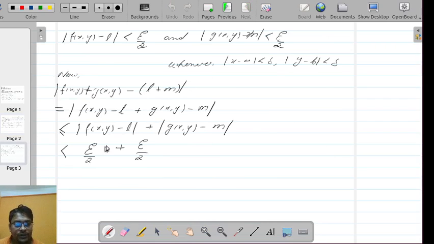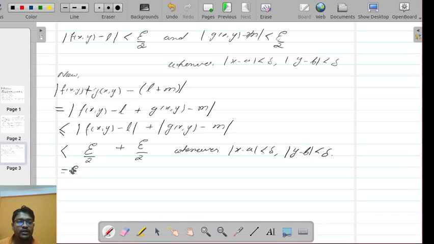So ultimately we can write this is less than epsilon by 2 plus epsilon by 2 under what condition? Whenever mod of x minus a is less than delta and mod of y minus b is less than delta. So this is nothing but epsilon.